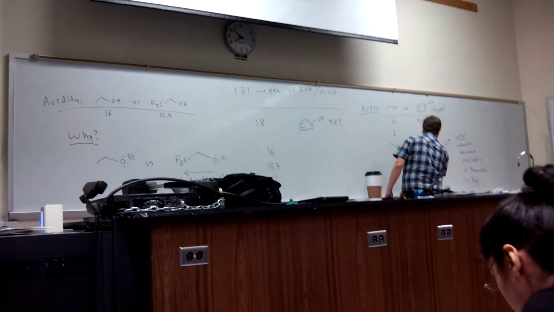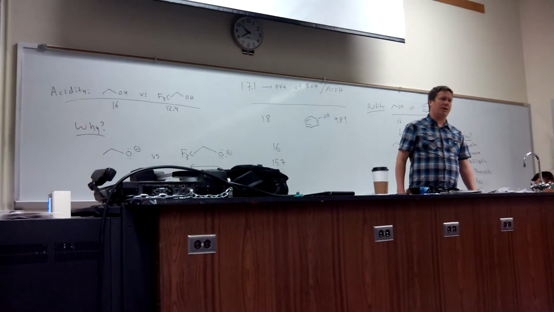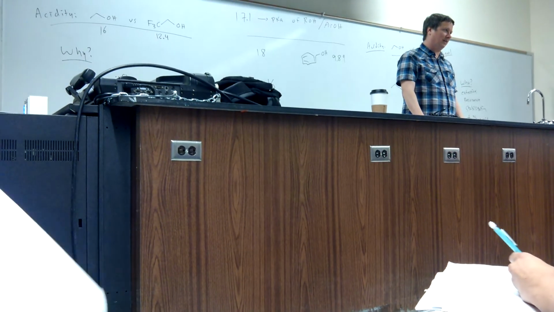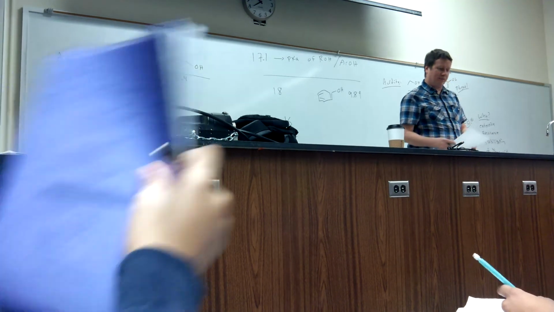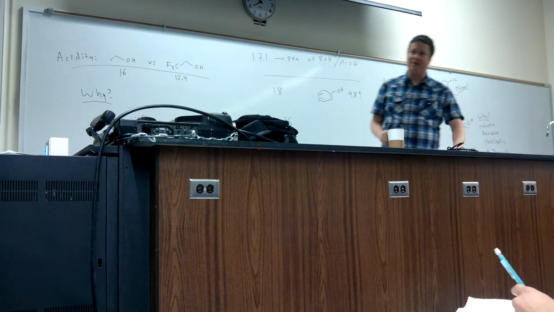Et cetera, et cetera, et cetera. So you can push the electrons around the ring. And that's why it's a million times more acidic, because you have extensive resonance stabilization. All right. Next time we're jumping into reactions and mechanisms and all that fun stuff.